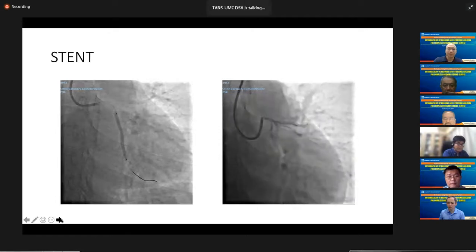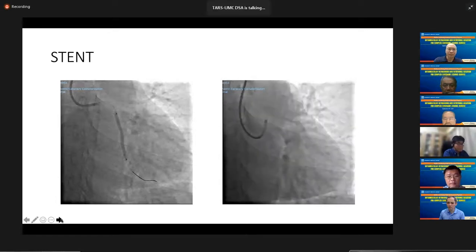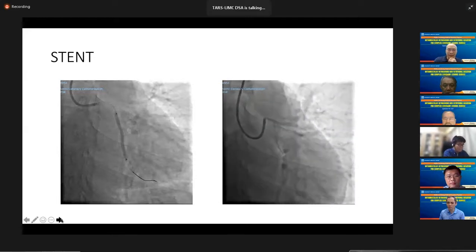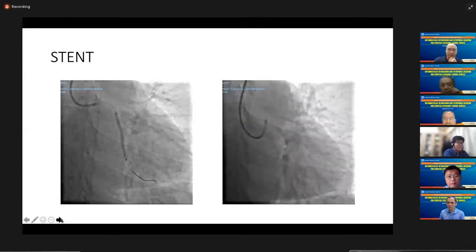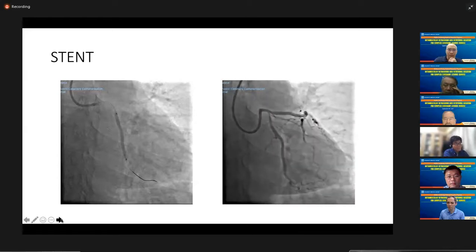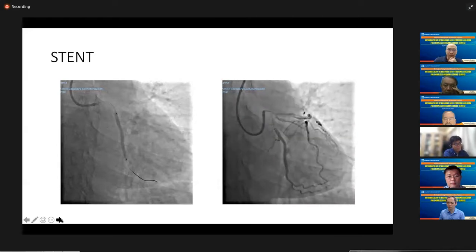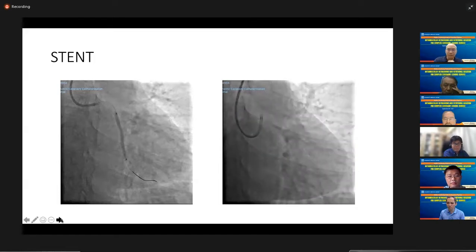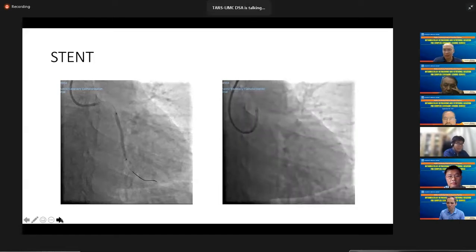With the coronary investigation, we decided to deploy a 2.5 by 40 millimeter stent in the middle circumflex, and after that we decided to finish our procedure.